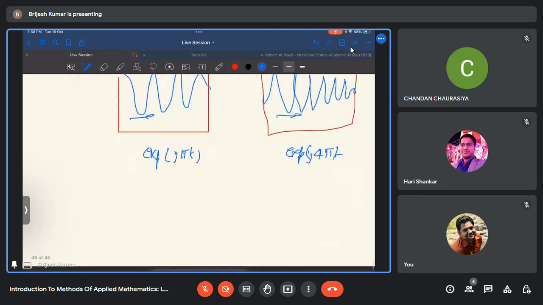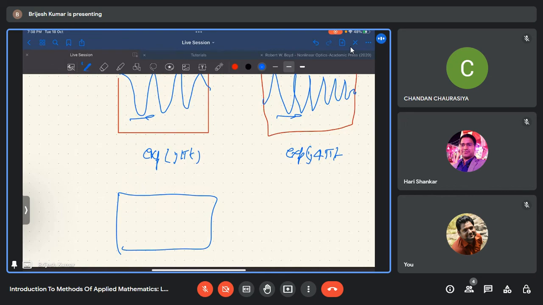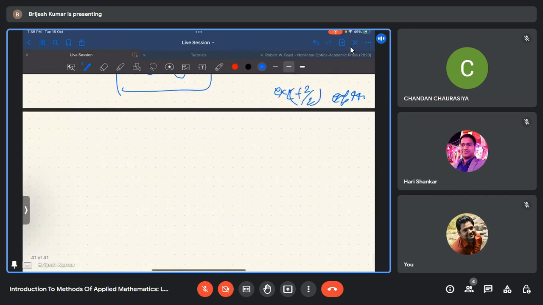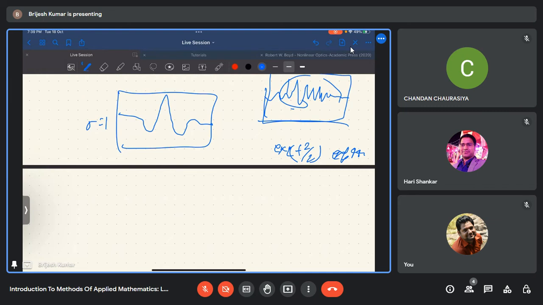Similarly, we can plot the STFT basis, which looks more Gaussian type, with different frequencies as well. So these are the different basis plots we can draw.